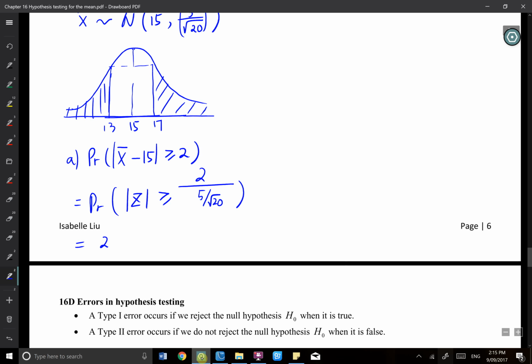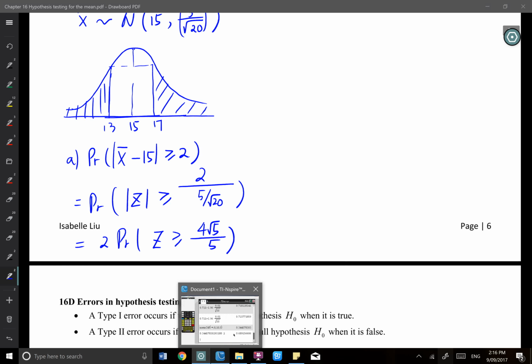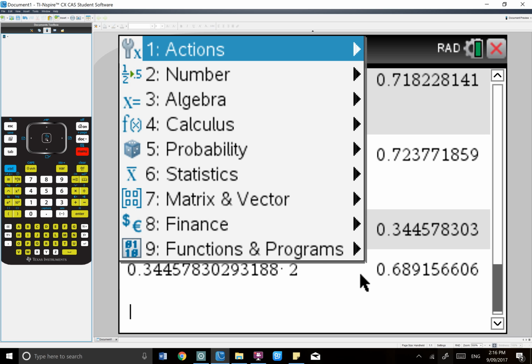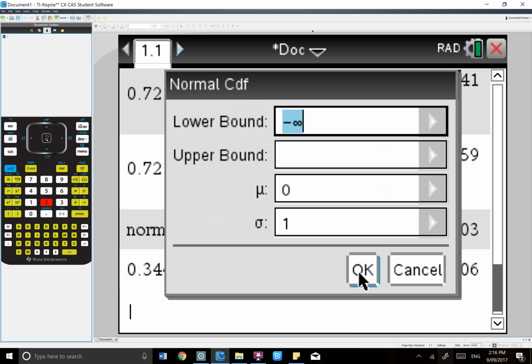That's 2 times the probability that Z is greater than or equal to 4 root 5 over 5. The absolute Z is greater than something, so it can be on that side or on that side. So it's 2 times that.